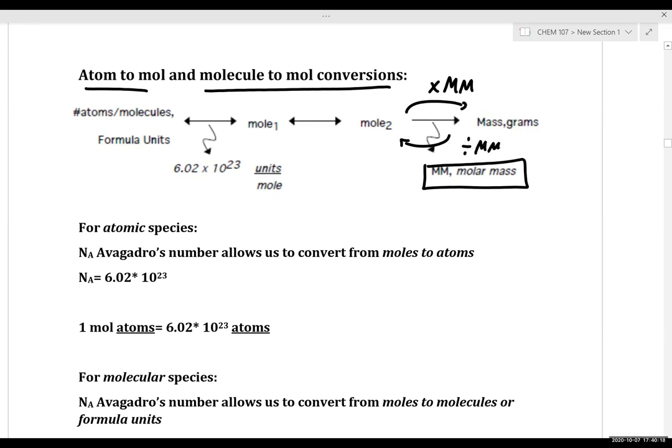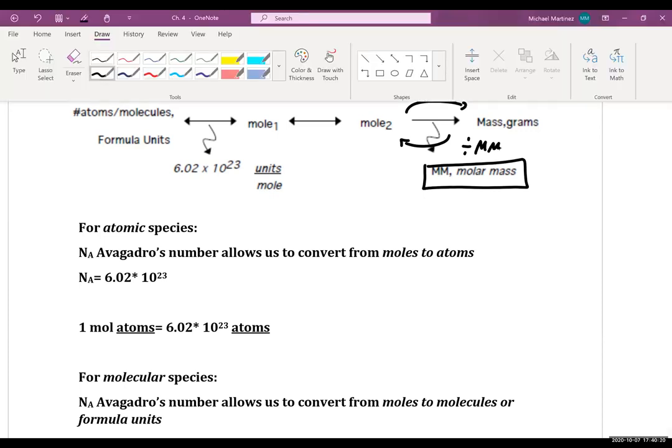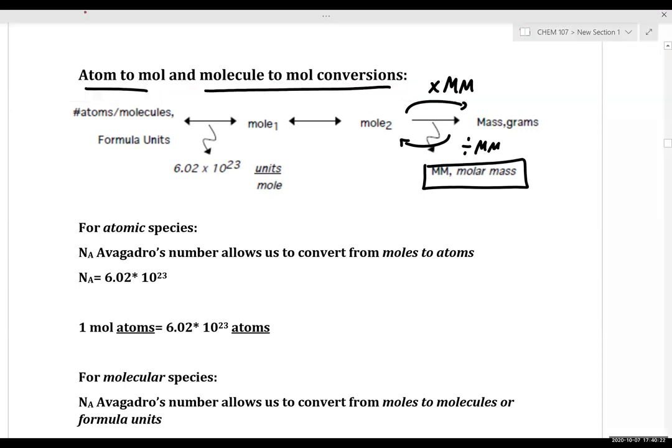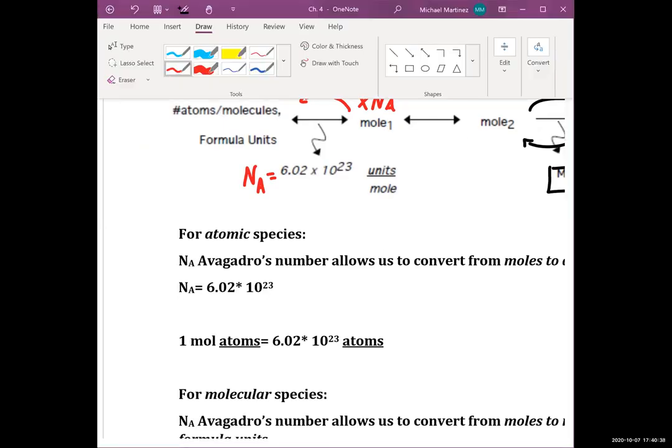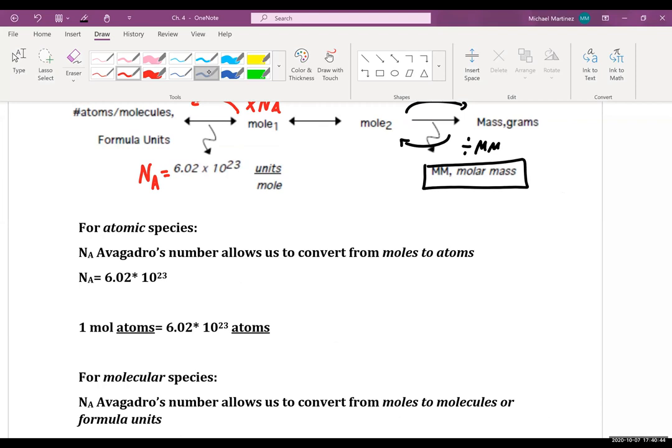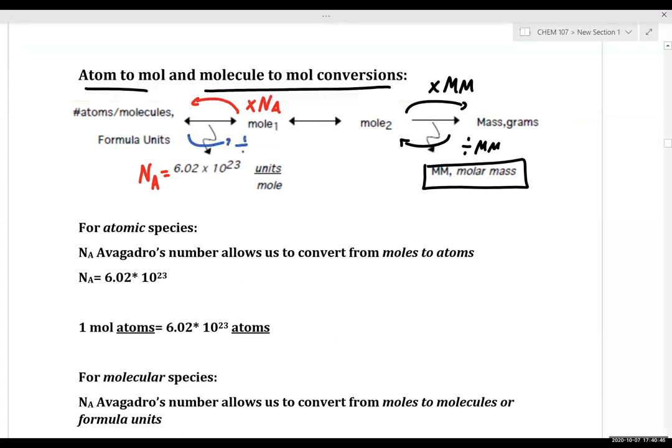Well, how do we go from moles to atoms or molecules? With that, we use Avogadro's number. To go from moles to atoms or molecules, you're going to multiply by Avogadro's number. Conversely, if we wanted to go from atoms or molecules to moles, we're going to divide by Avogadro's number.